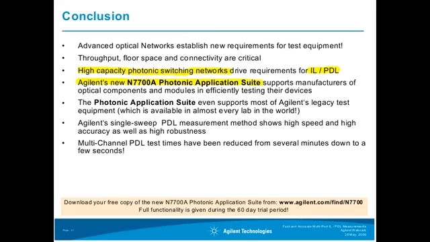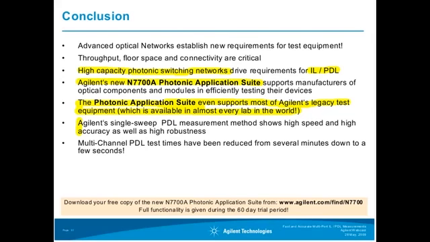In addition, we are supporting the legacy test equipment because this makes the transition simpler in your lab. So basically in every lab in the world we see Agilent photonic test equipment, and therefore it should be easy to set up some simple measurement using that software and some existing test equipment.